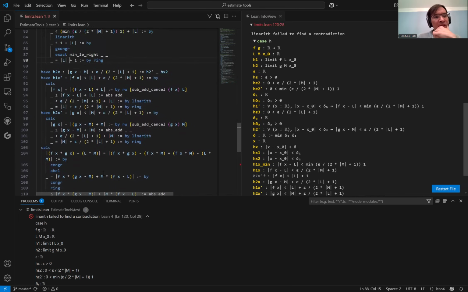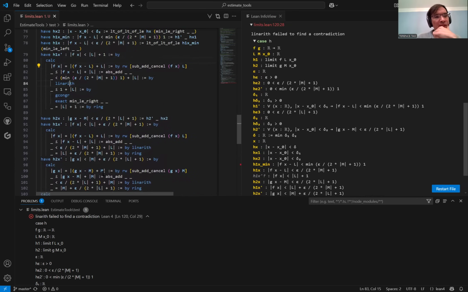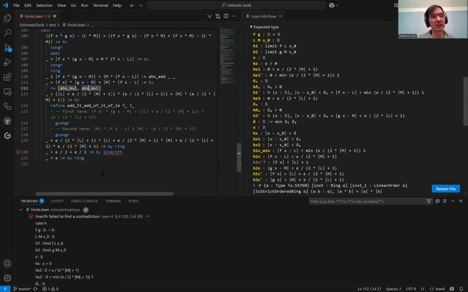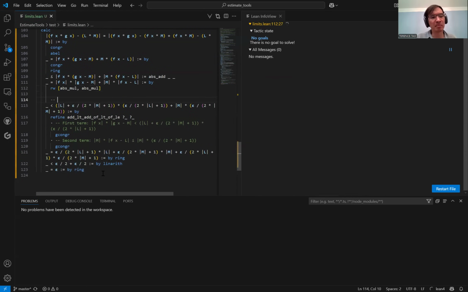Okay, well, I should have just done a pen and paper calculation here first. So maybe I have to change my truth here. I wanted to bound f x by L plus 1 times an epsilon over something plus m times an epsilon over something, to be less than epsilon.